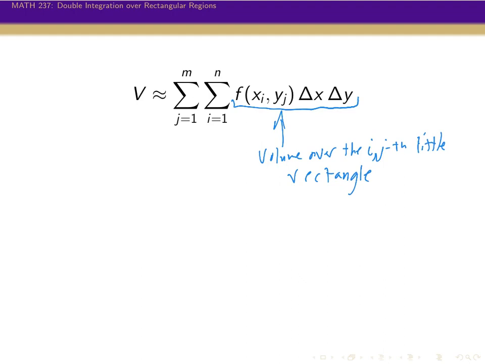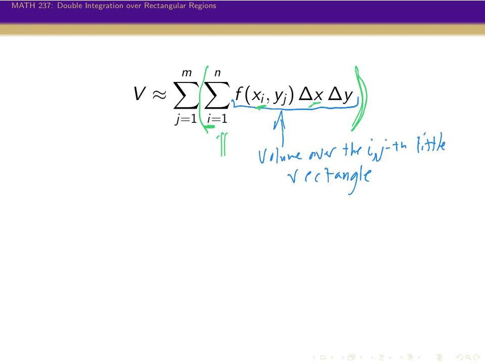And then we want to add this together over all the rectangles. So the way to read this, this is what's called a double sum. We have one sum nested inside of another sum. And so the first sum is in terms of the i's, and the i's are corresponding to x.